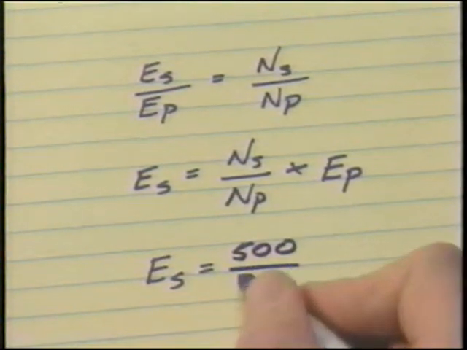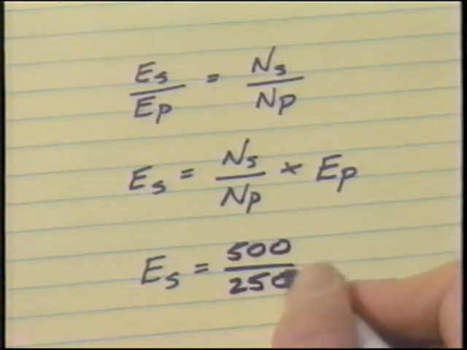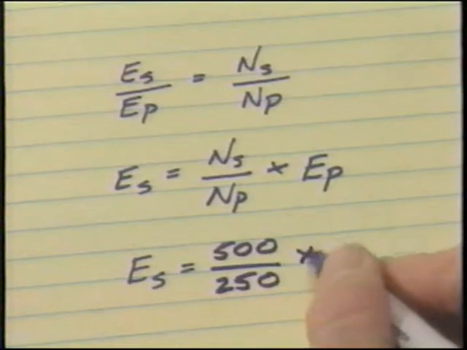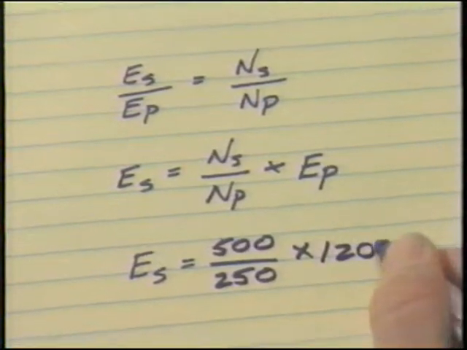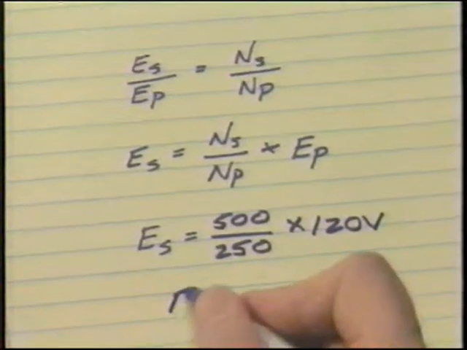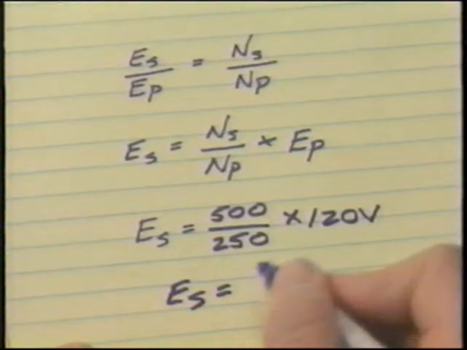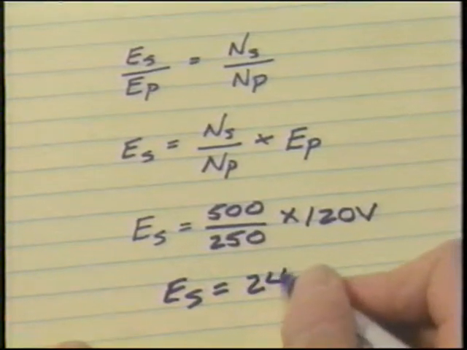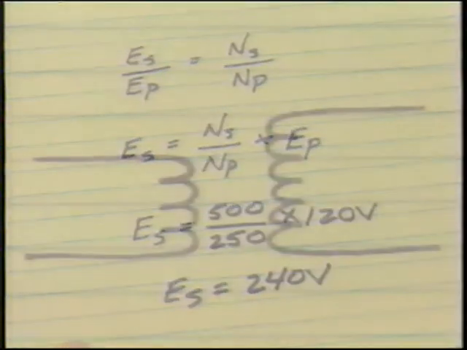Substituting the values, the voltage of the secondary equals 500 turns divided by 250 turns multiplied by 120 volts. Therefore, the secondary voltage equals 240 volts.